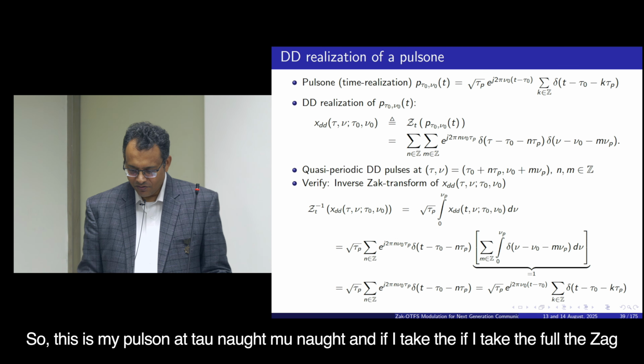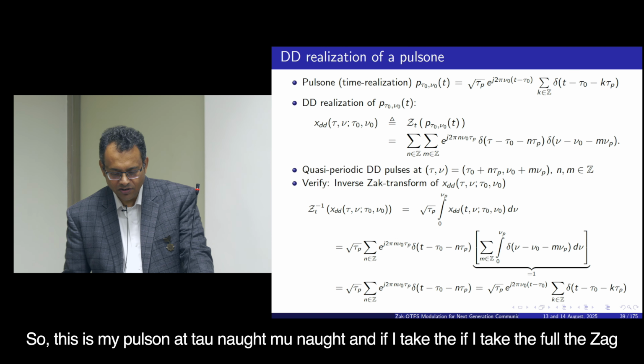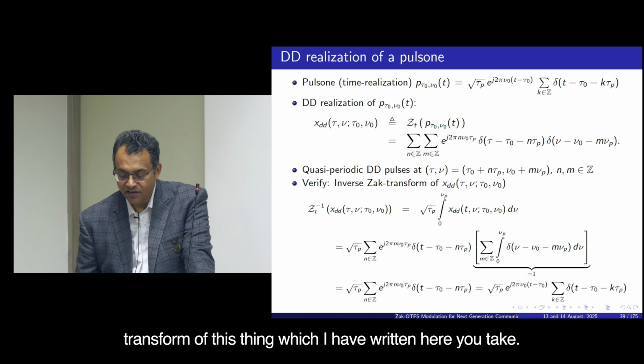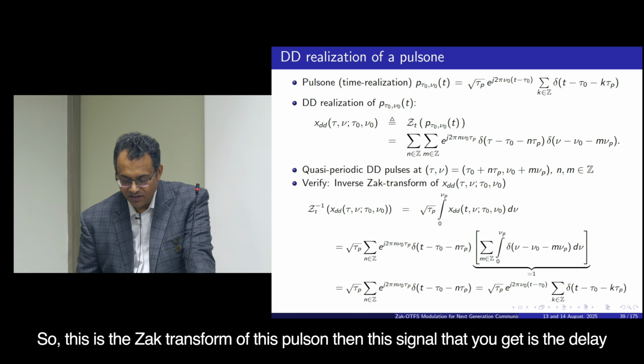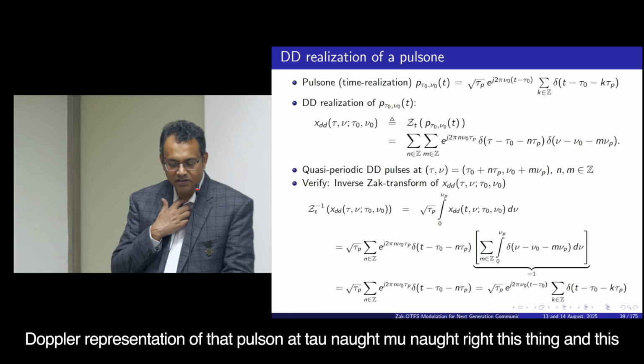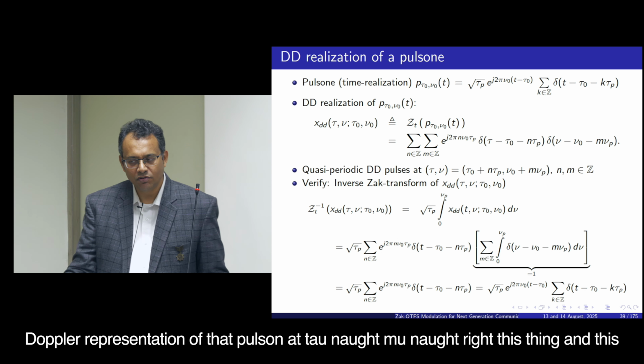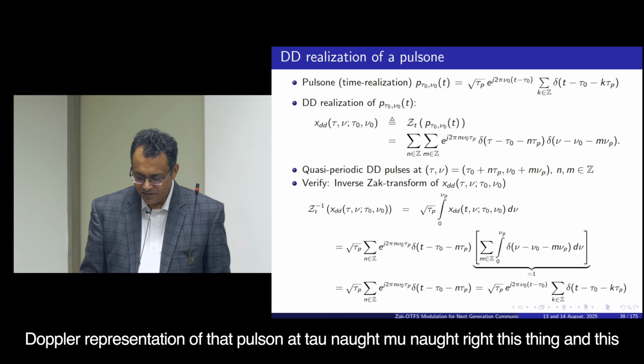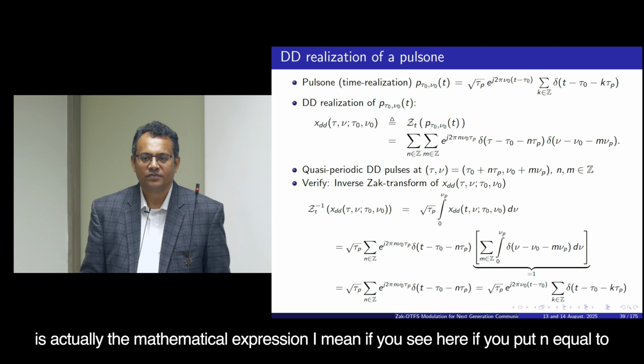So this is my pulson at tau naught, nu naught, okay, and if I take the Zak transform of this thing, which I have written here, then the signal that you get is the delay Doppler representation of that pulson at tau naught, nu naught. This is actually the mathematical expression.